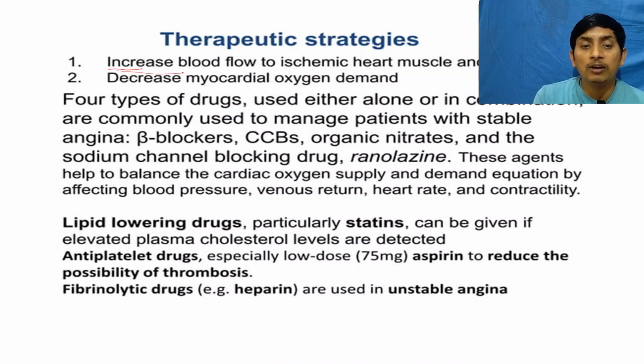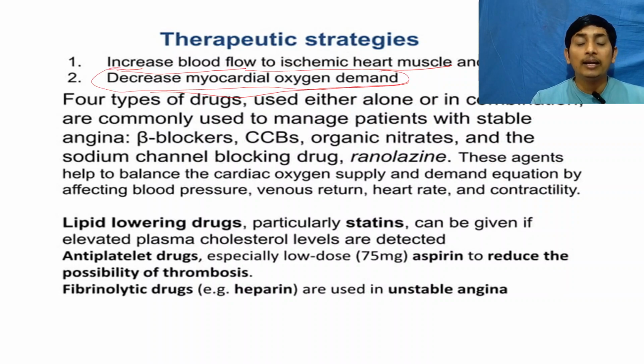So we can treat by increasing the blood supply to the ischemic heart. Ischemic means where the oxygen supply is very reduced. Or we can decrease the myocardial oxygen demand. So we can also treat angina by decreasing the myocardial demand.